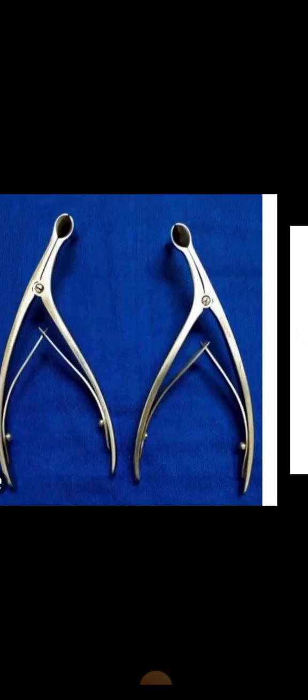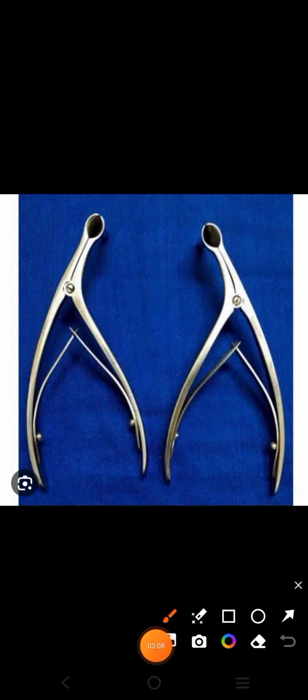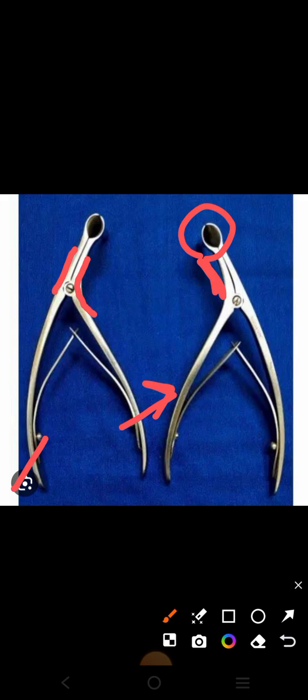Let's move forwards. This is another picture of Jansen's mastoid self-retaining retractor. And here is the Lempert's endaural speculum. Lempert's endaural speculum has two limbs, one this and the other this, and these two limbs join together upward and form a somewhat curved structure, and this curved structure then ends in a hollow cylindrical tip.